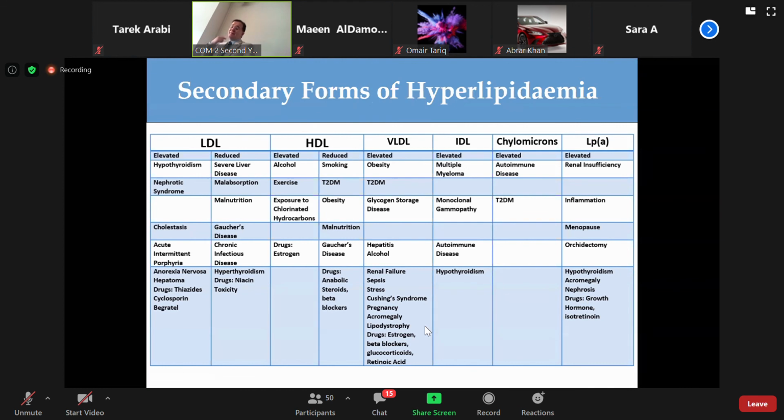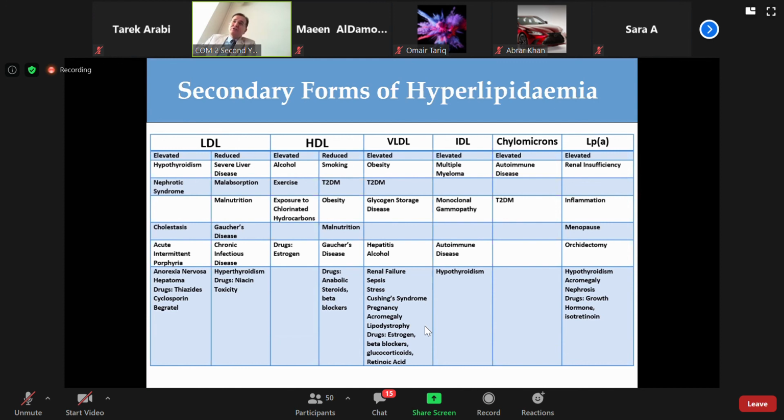Yeah, I don't want you to memorize everything, but at least the endocrine related conditions, at least for this block. Ideally, you would remember all this because, as I said, these are all secondary conditions that will lead to dyslipidemias. So as a physician, if you have someone with hypothyroidism, or he's taking different drugs, depending on the drug he's taking, it could affect his lipid profile.